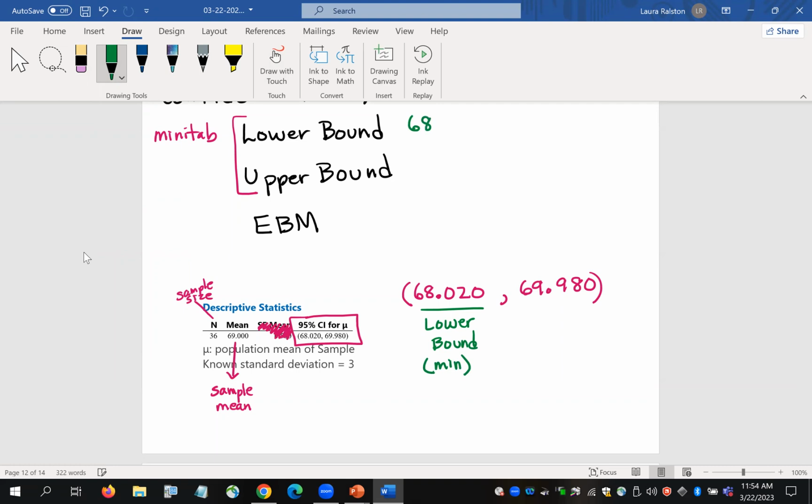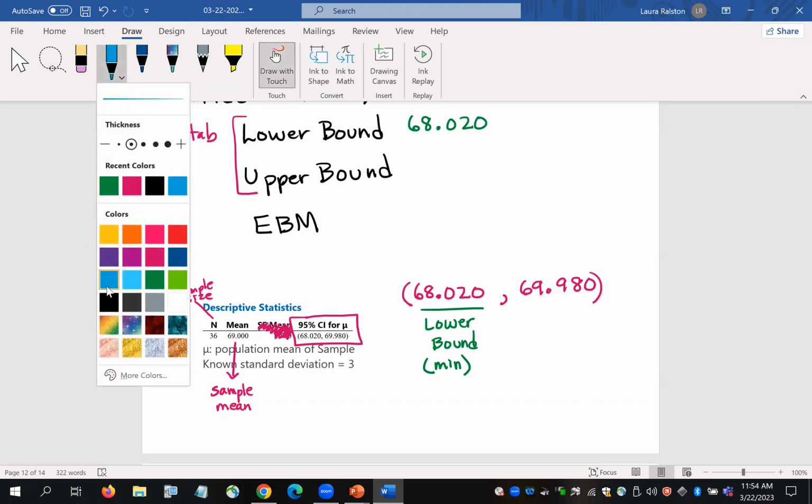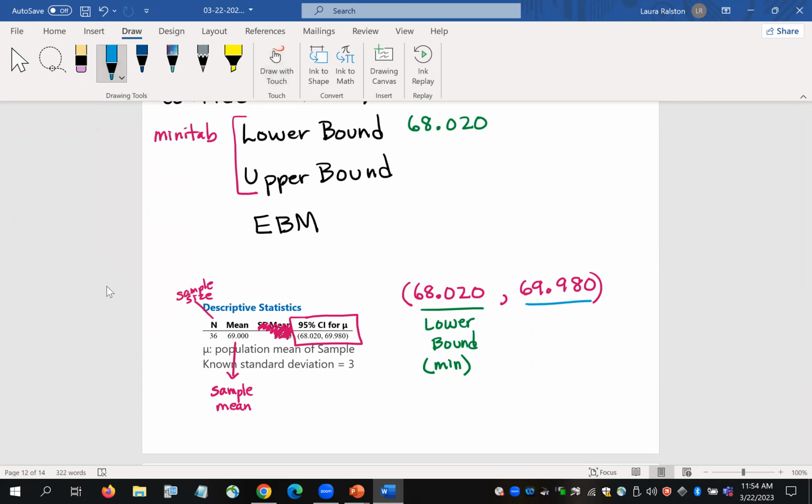So my lower bound is 68.020. The second number in the parentheses is the upper bound. That is the maximum value that the mean could be in this particular problem. So my upper bound is 69.980.